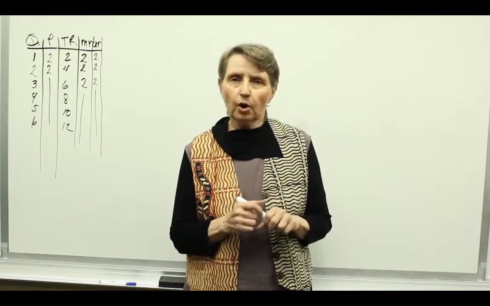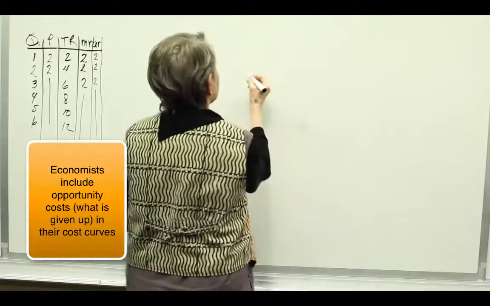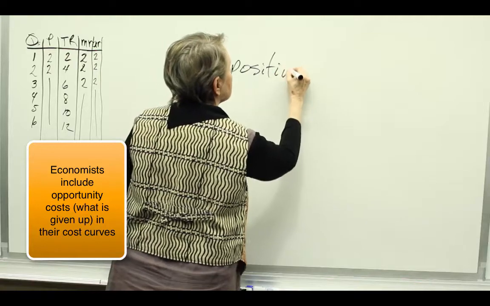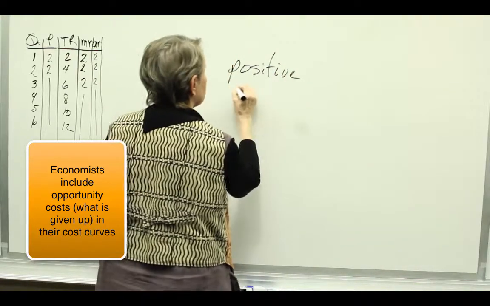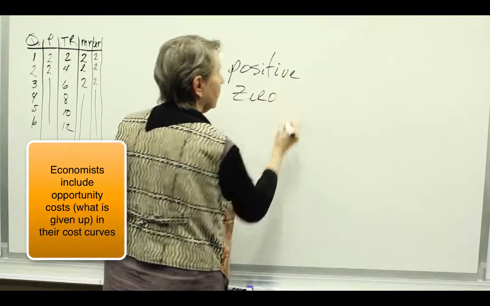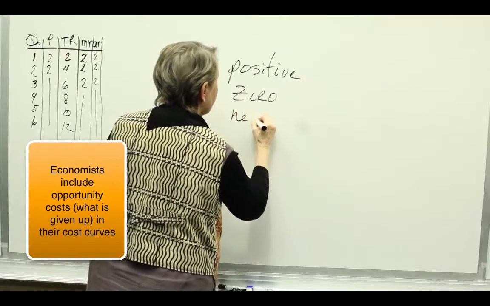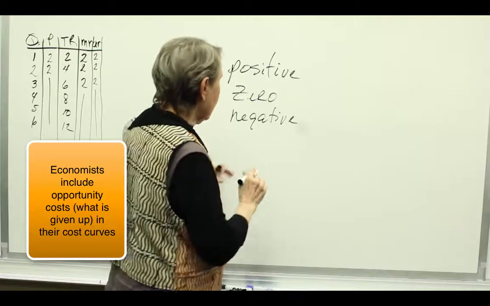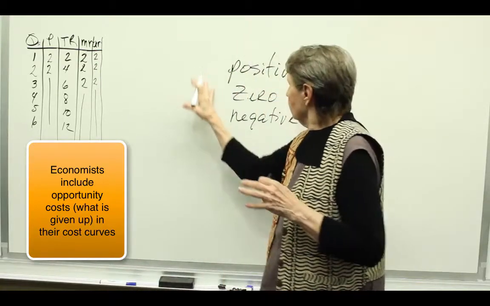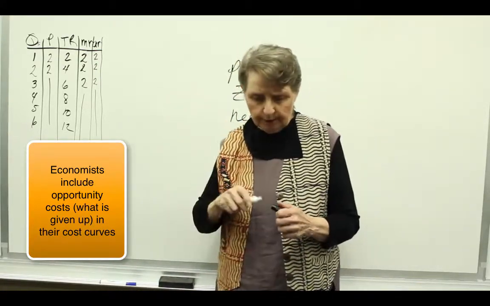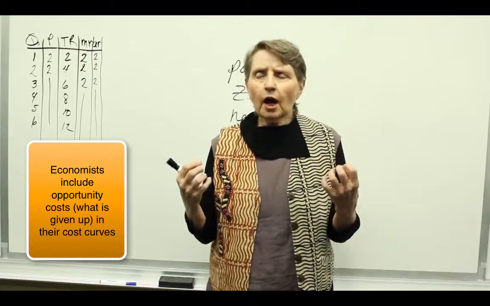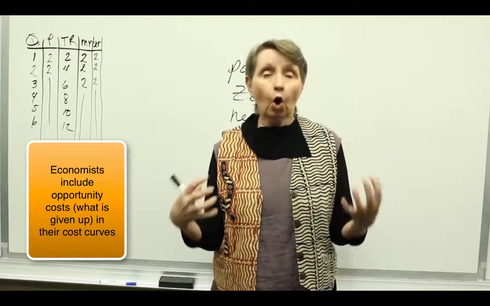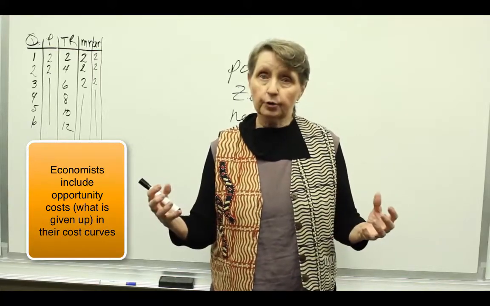When we talk about profits, we talk about positive economic profits, zero economic profits, or negative economic profits. And the reason we make this definition is because as economists, when we talk about costs, we always include opportunity costs.